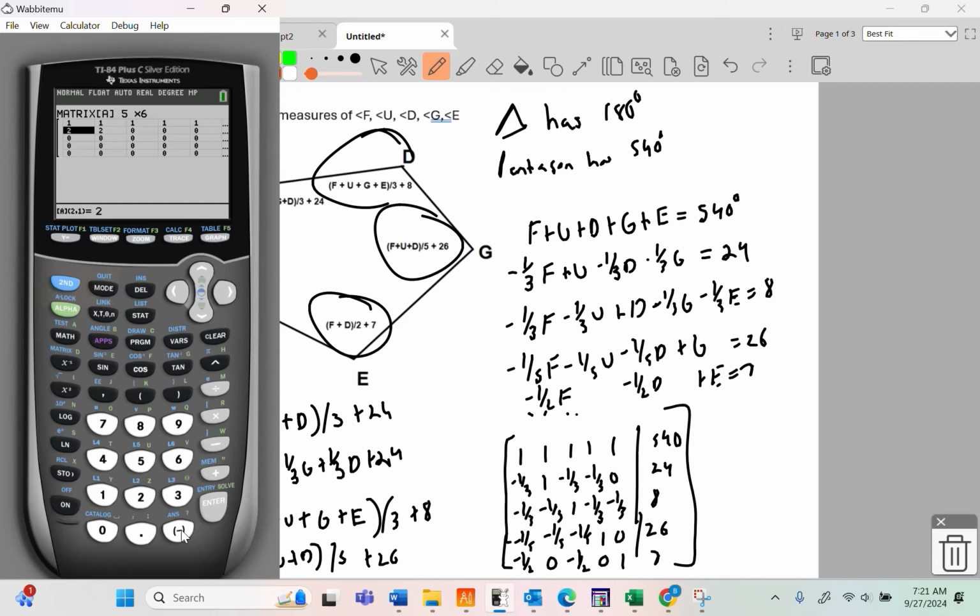And to type in negative 1/3, I'm just going to hit negative 1/3. Make sure you press the negative key, not the minus key.